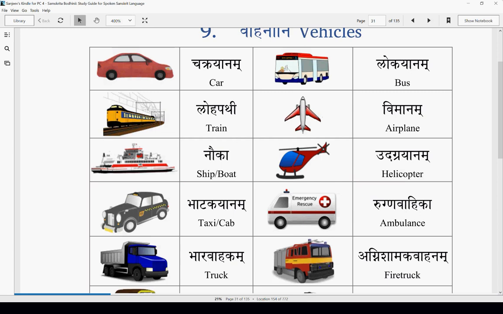Lokayanam. Lohapati. Vimanam. Nauka. Udagrayanam. Okay, I'm going to skip it. Vatakayanam.